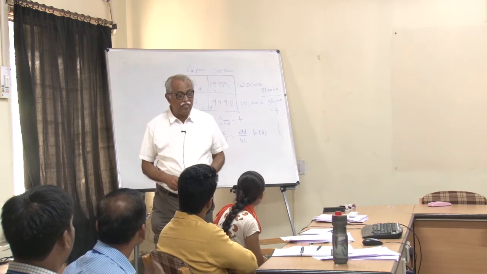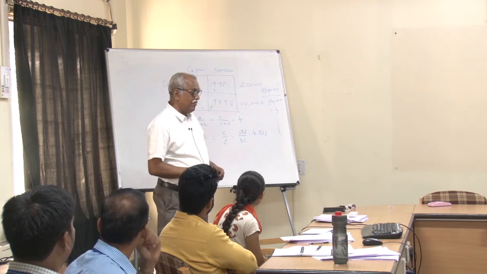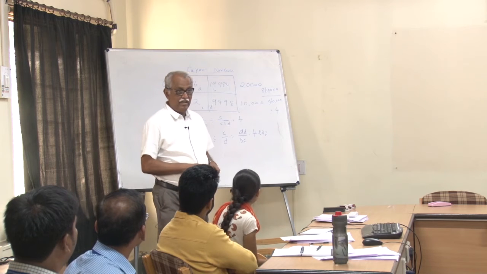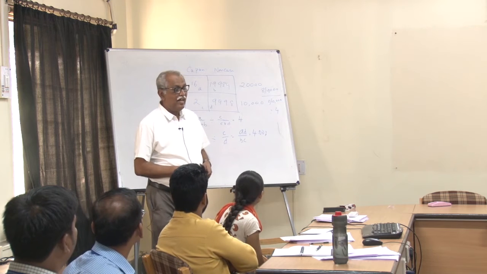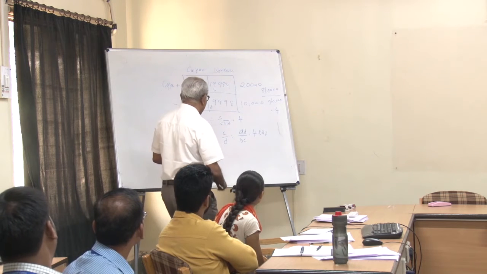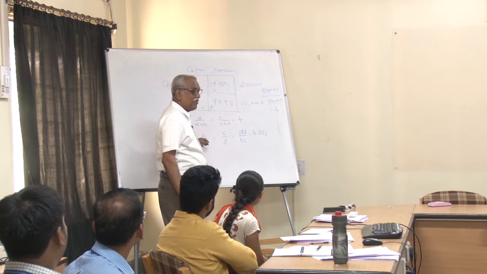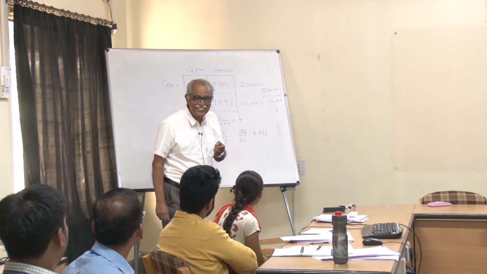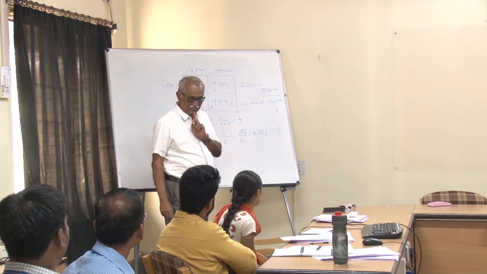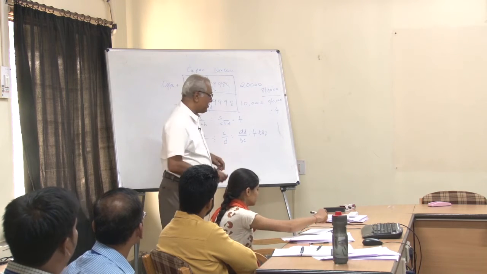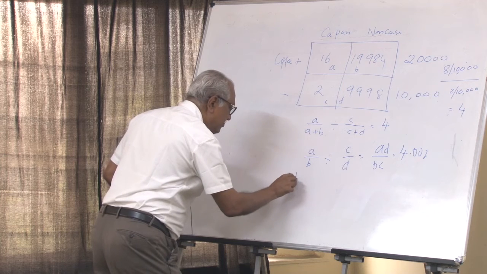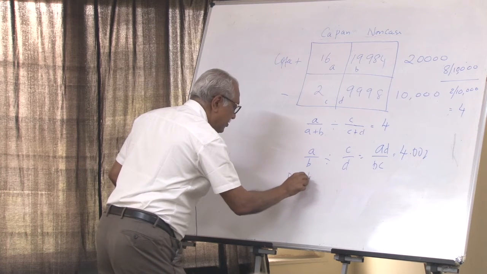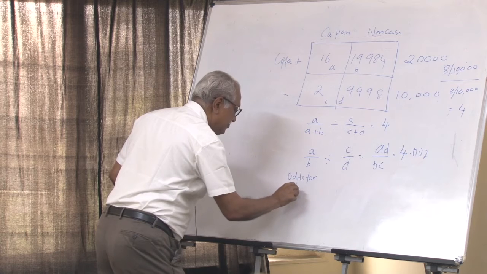What is the difference between A and B? Yeah, you are dividing the number of people with disease by the number of people without disease. Odds. That's what we learn. So, this is odds for disease among coffee drinkers.